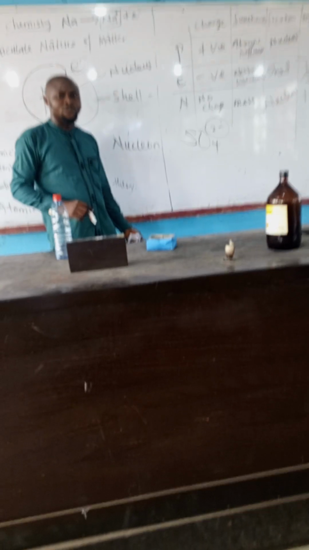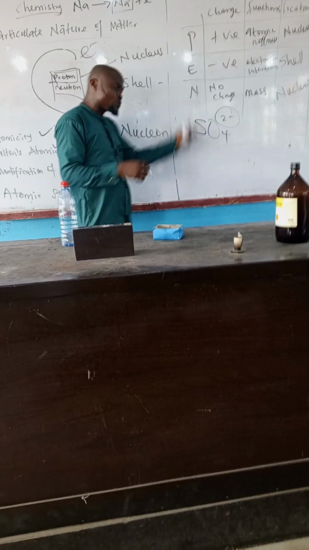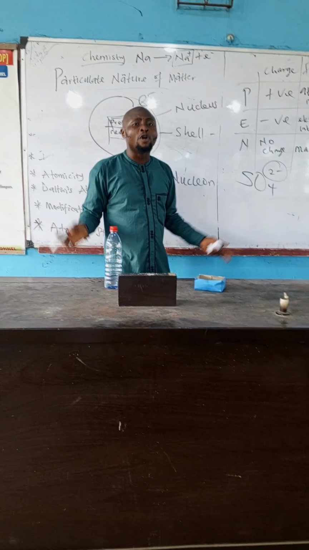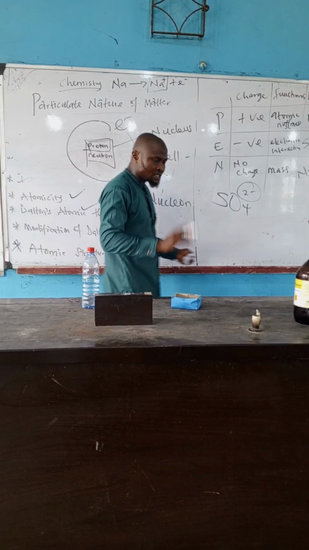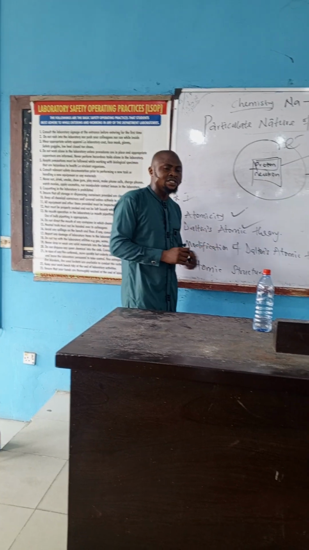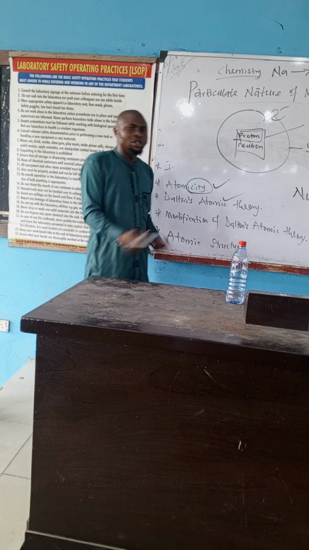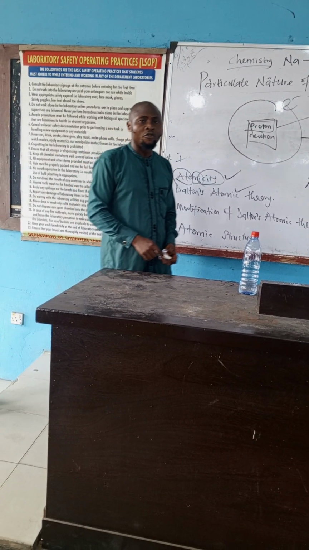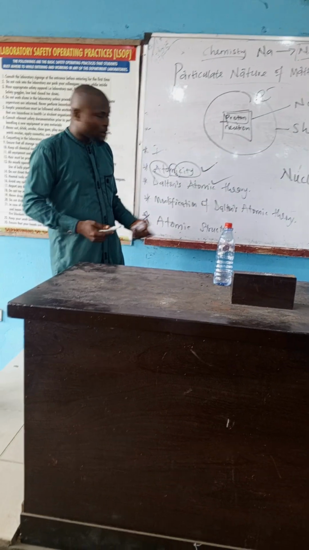This is also an ion, and so on. It is a charged group of atoms. When we get there, we will discuss atomicity, the number of atoms in one molecule of an element or a compound.